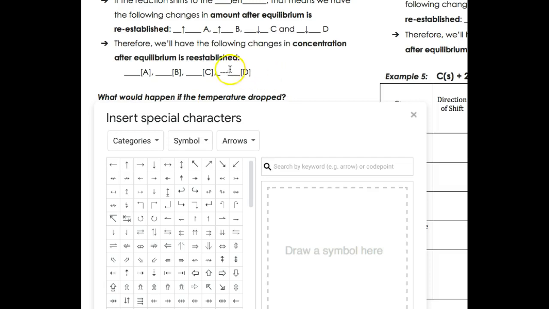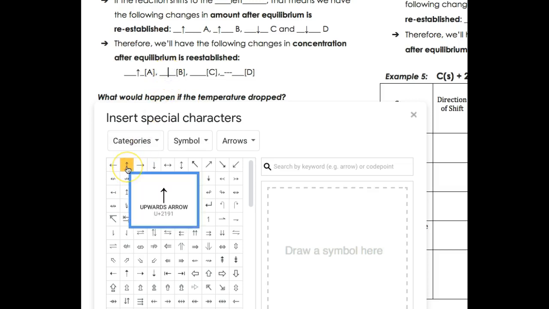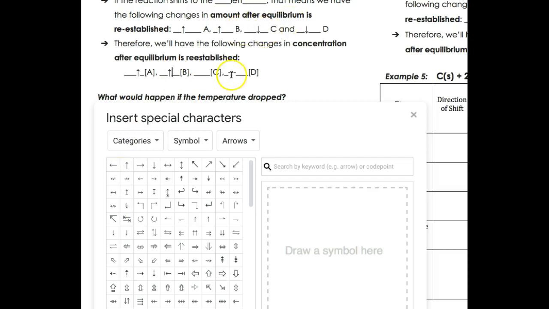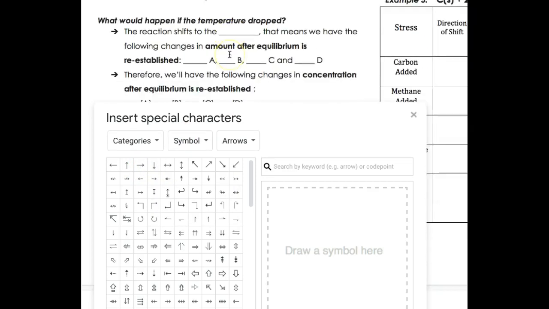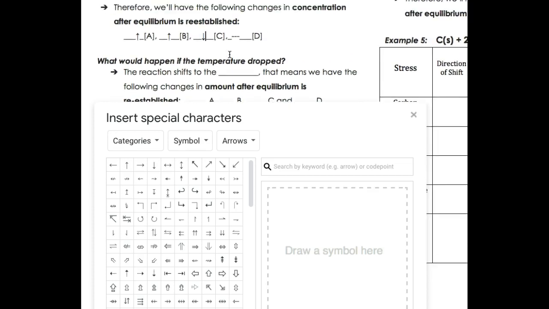So if A goes up, then the concentration of A goes up. If B goes up in amount, then its concentration goes up. If C goes down in amount, then its concentration also goes down. And D, because it's a solid, is constant under any condition.